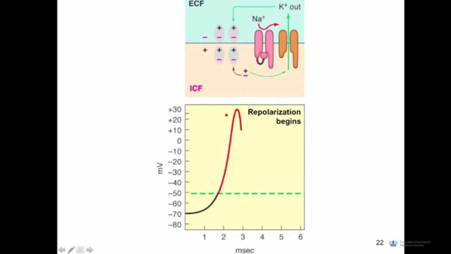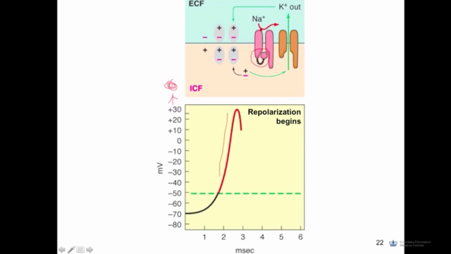And then that inactivation gate swings closed. So instead of sodium entering the cell and taking it all the way to positive 60, right, up here, it doesn't get a chance to get all the way to positive 60 because the gate shuts. So it can only get up to about positive 30.